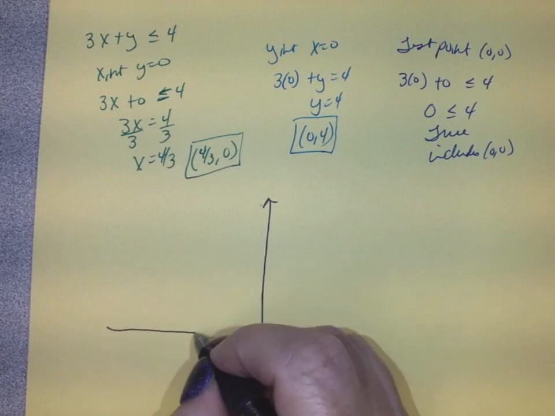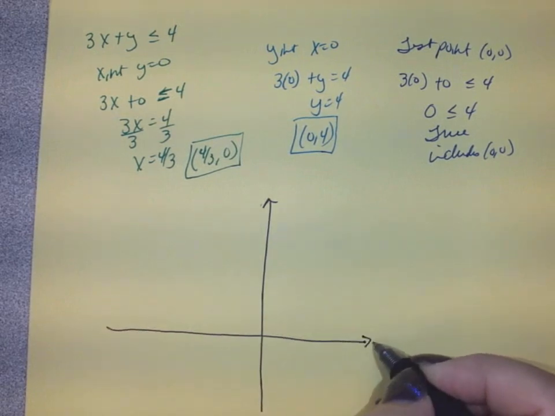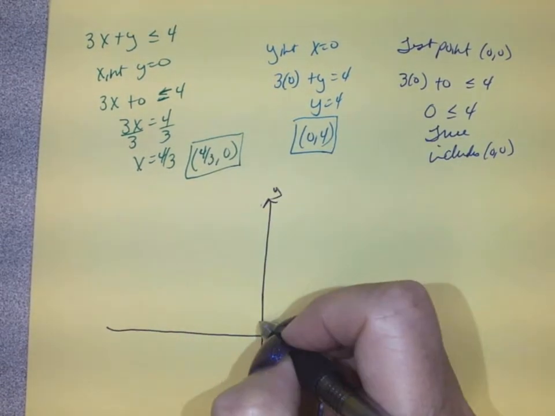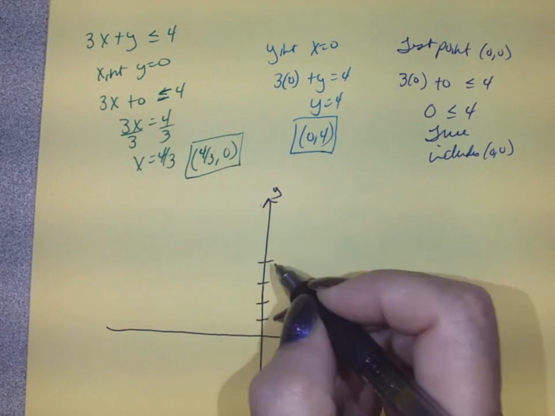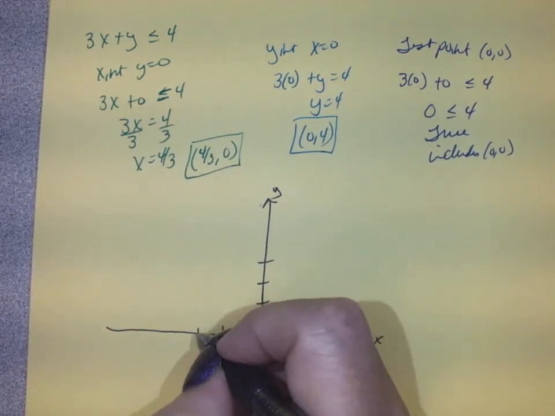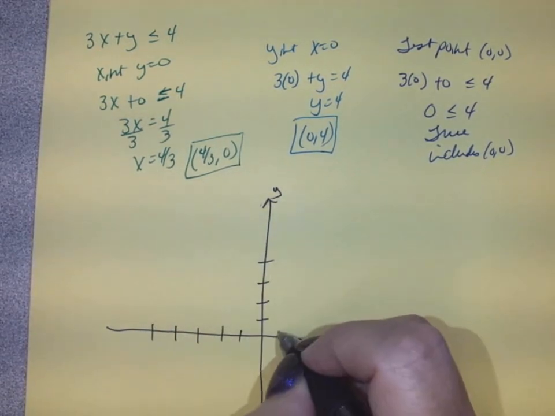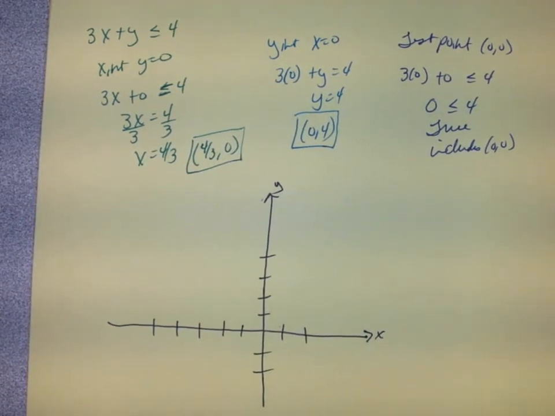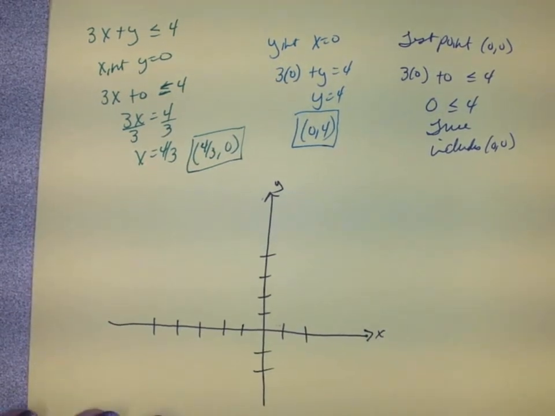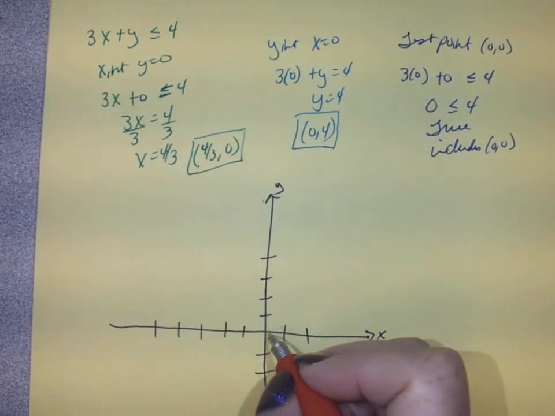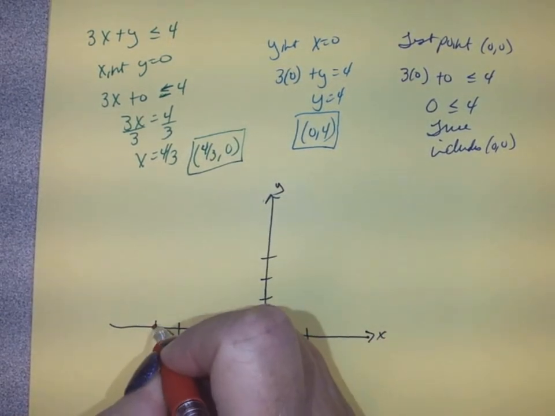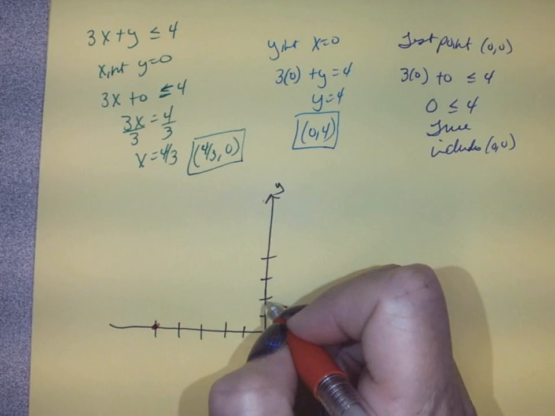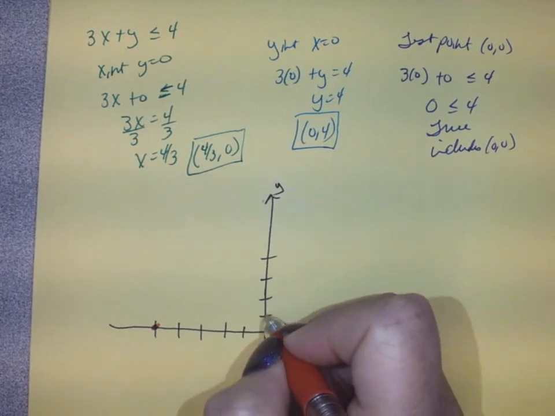So 1, 2, 3, 4. 1, 2, 3, 4, 5. All right, so we have our x at -5, our y at 1.